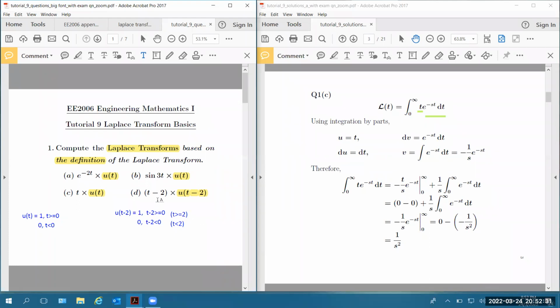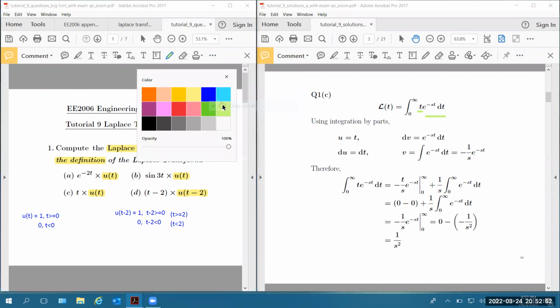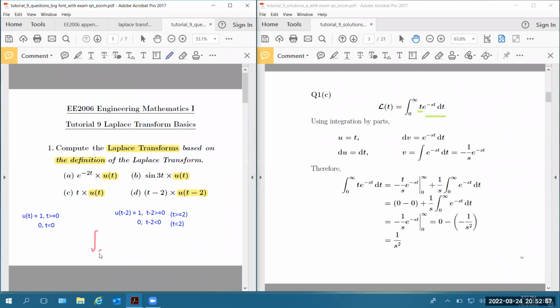Now if you look back at your part C, you know that later on you want to integrate t from 0 to infinity. So imagine you integrate 0 to infinity with respect to t, and you know that this will only be 1 for t greater than 2, and 0 for t less than 2.